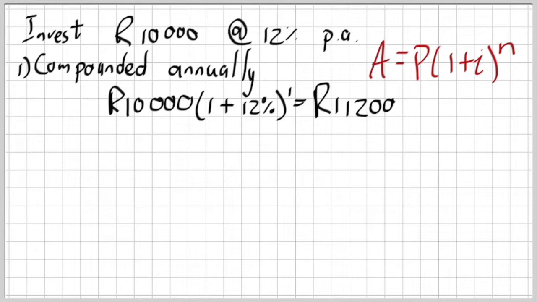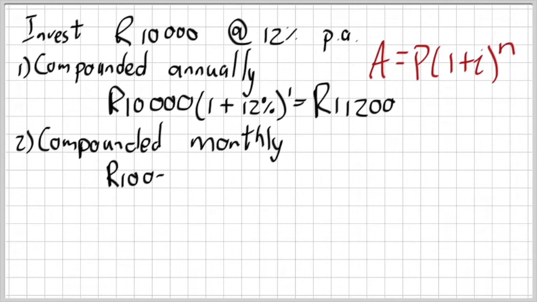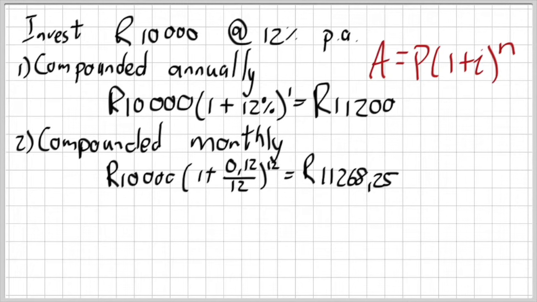But what if I'm telling you I compound monthly? So now it means that my interest rate, which was 12% for the year, is now divided by 12, and I take it for 12 months. So what did I do in this case, ladies and gentlemen? I don't really want you to just go and run into mathematics.